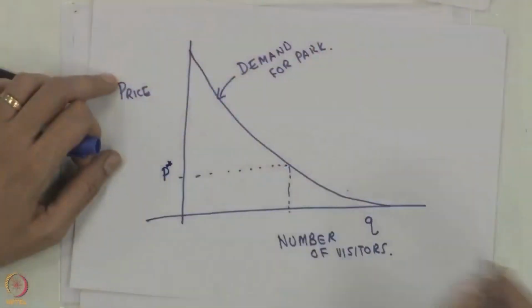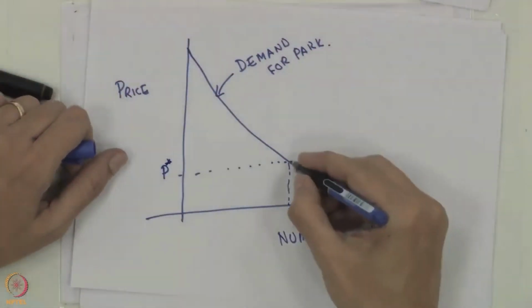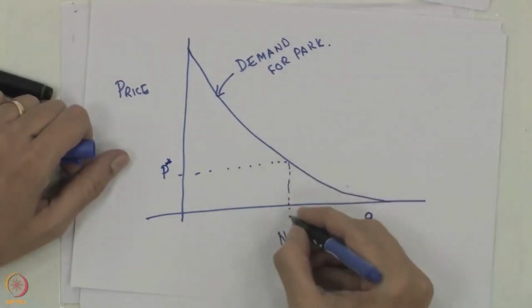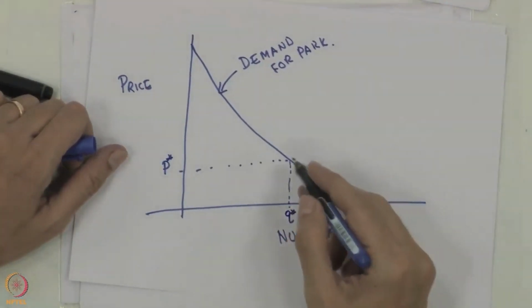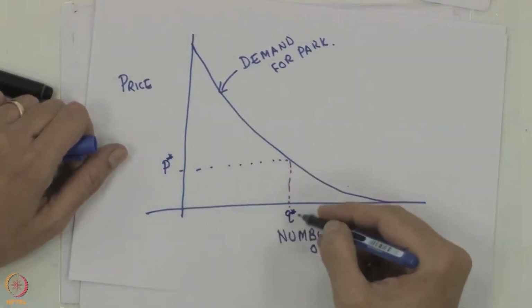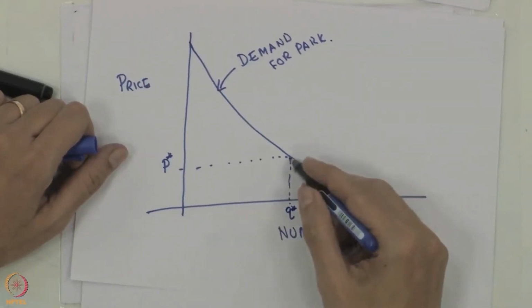What is an efficient operating price? So, let's say that this is P star. At P star, there are Q star people who are willing to come into the park.